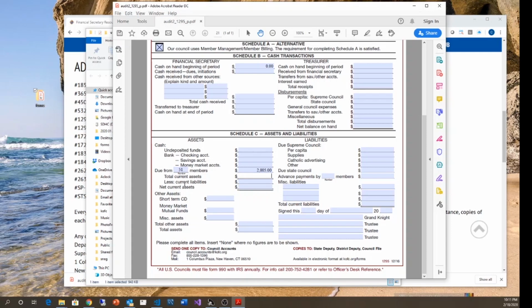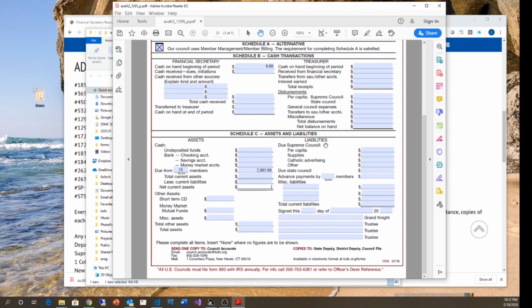And then you would figure that out, and then the net assets would come here from the combination of these two numbers. If you have any short-term CDs, money market funds, miscellaneous assets, you put that in there. You total that up, your total assets.